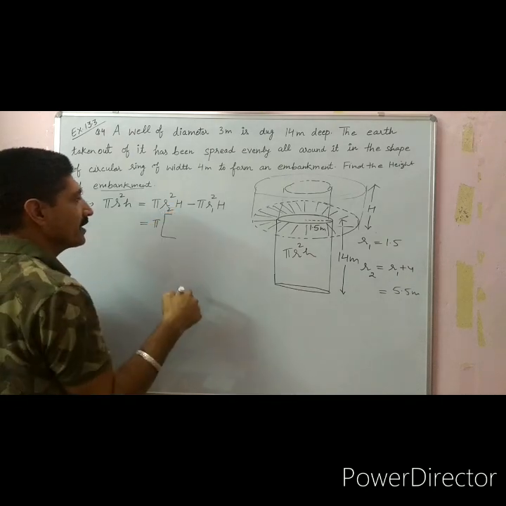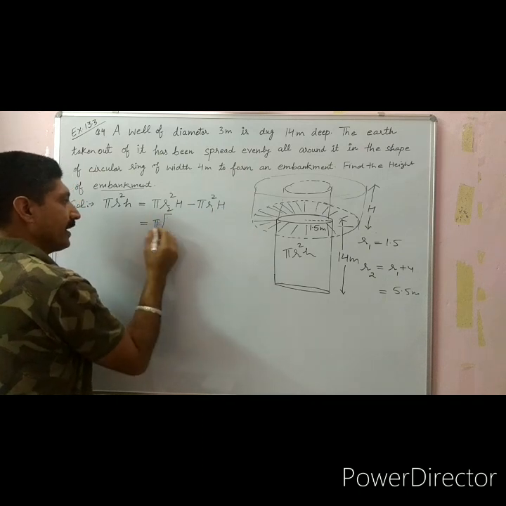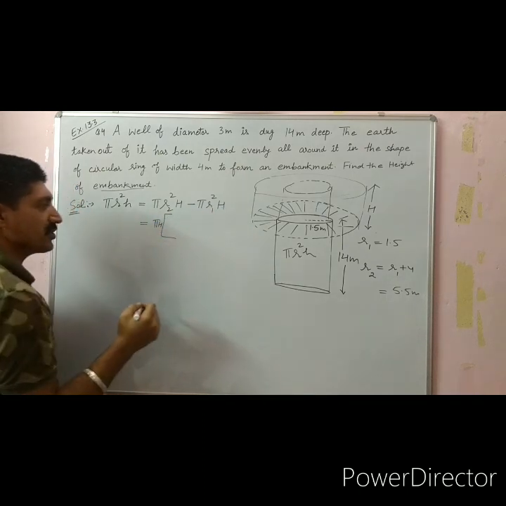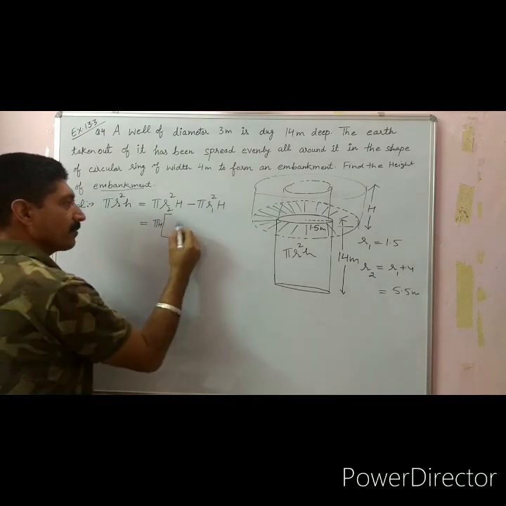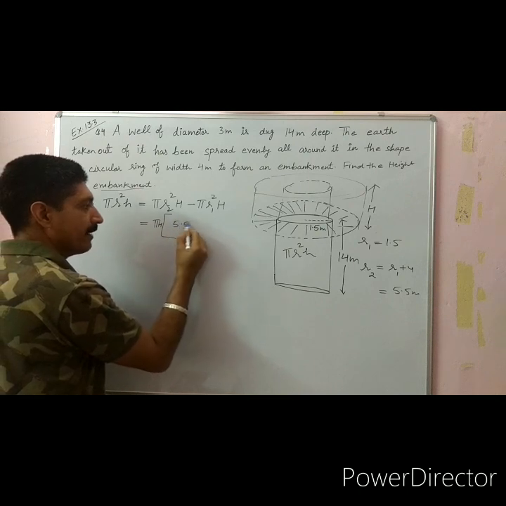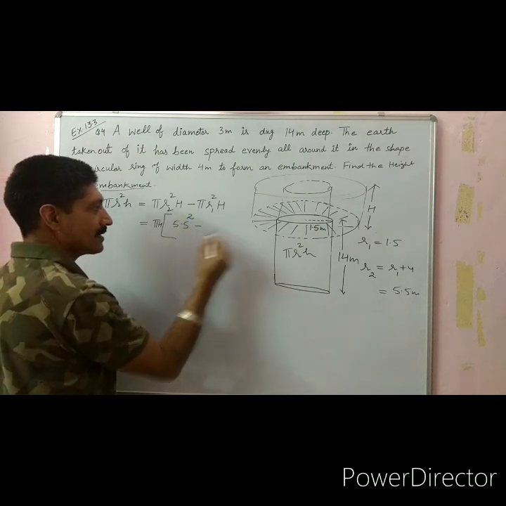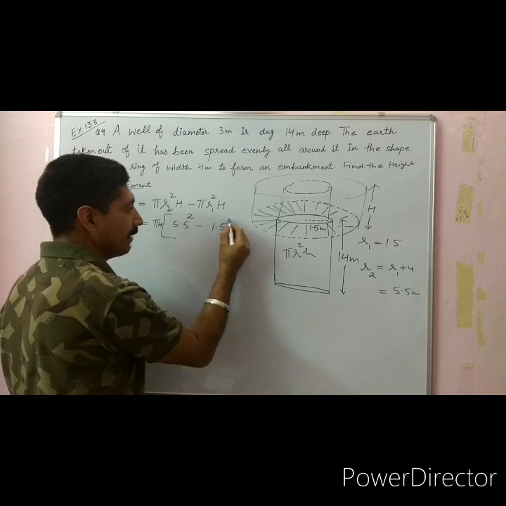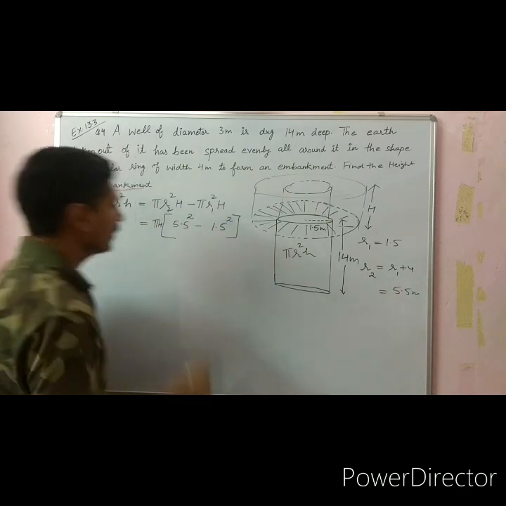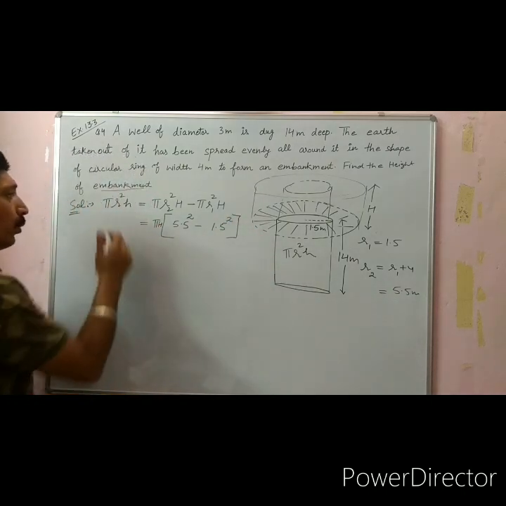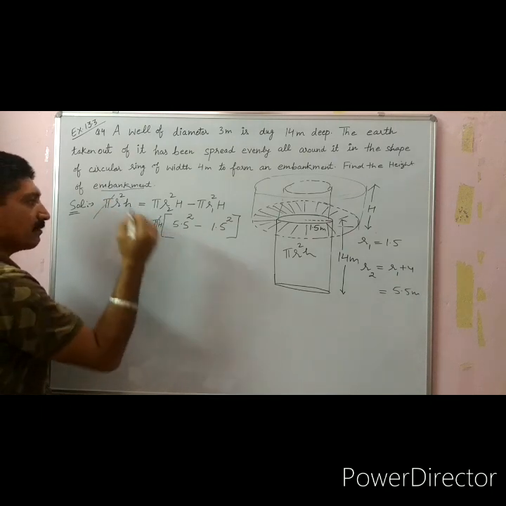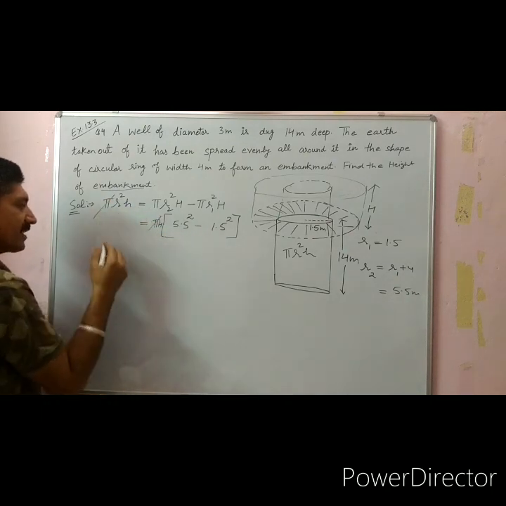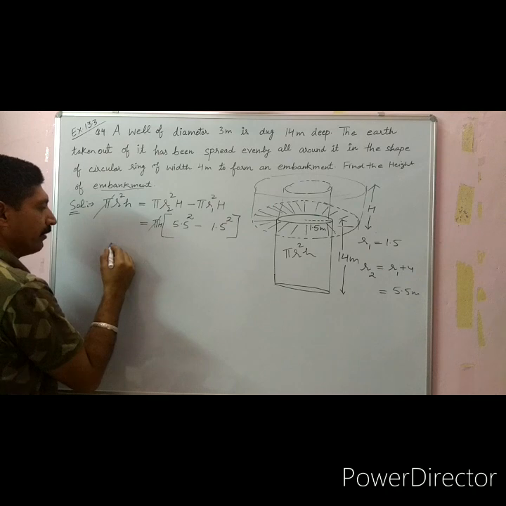For this case, we can take pi h common, and r square is 5.5 whole square minus r is 1.5 whole square. So pi gets cancelled with pi. In this case, r square is 1.5 whole square.